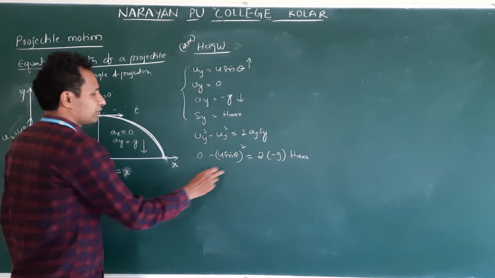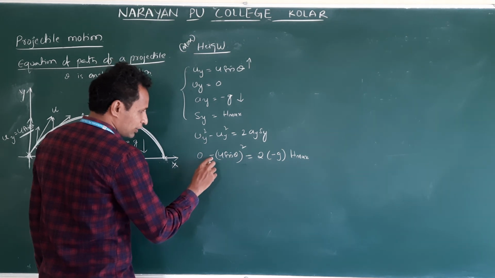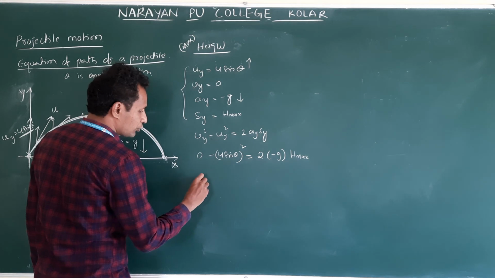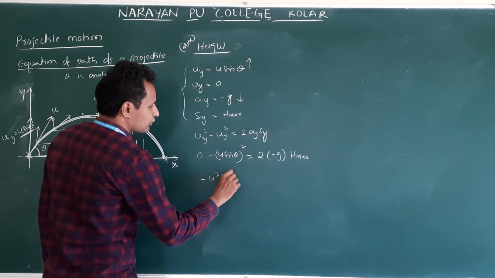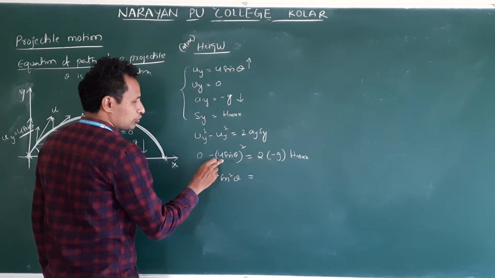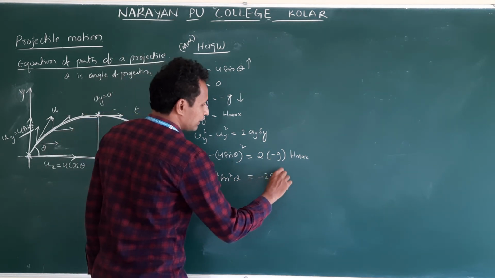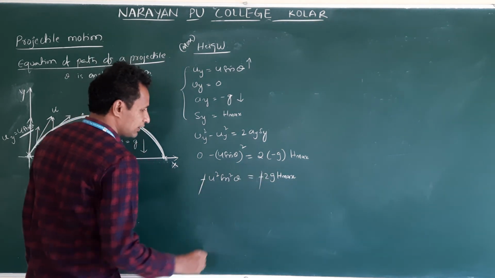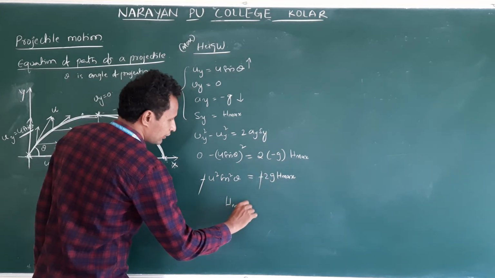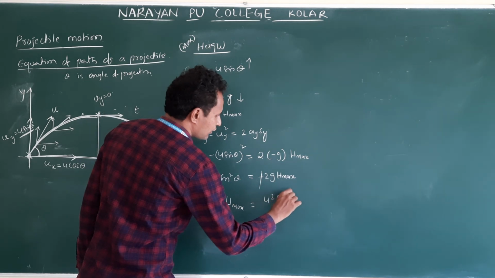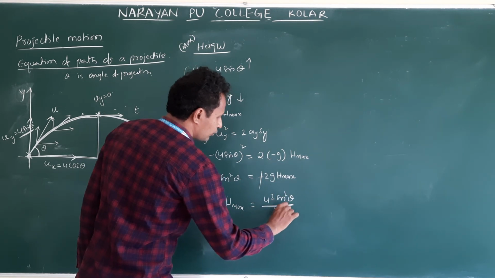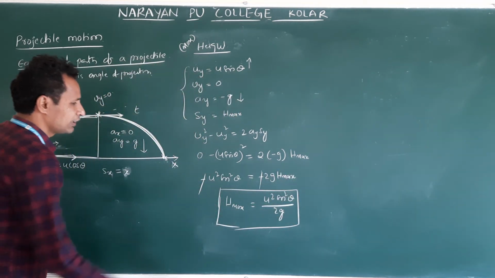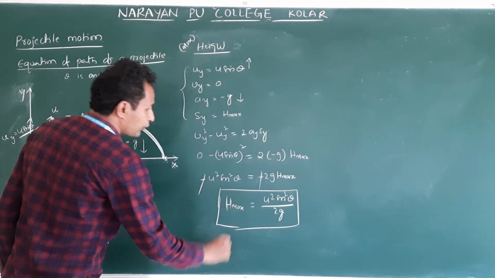Clear? Then minus u square sin square theta is equal to minus 2g h max, minus minus cancel. h max is equal to u square sin square theta by 2g. Okay? This is the maximum height equation for a projectile.